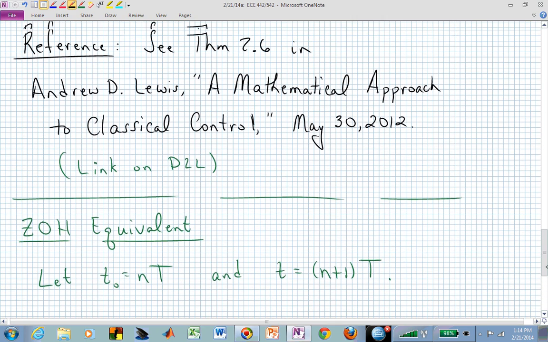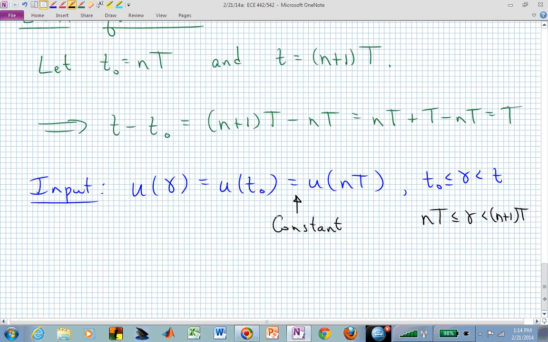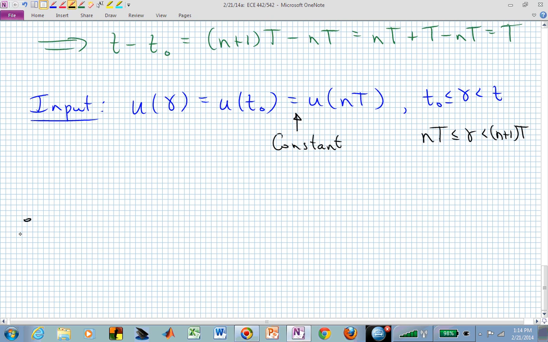If we now apply those definitions for little t naught, and u of tau in this formula for the solution of this continuous time state space representation, we now end up with the following expression.